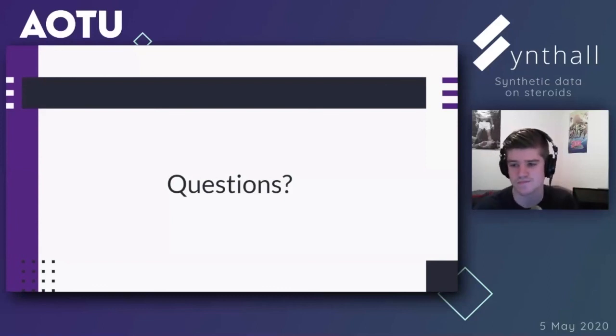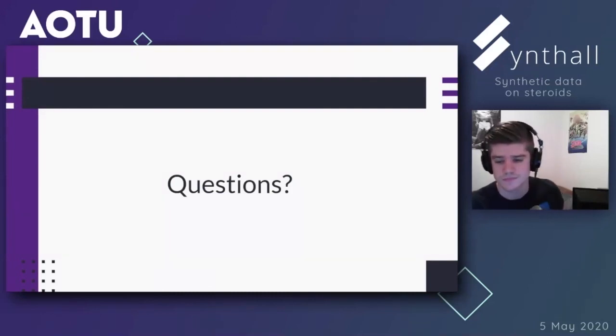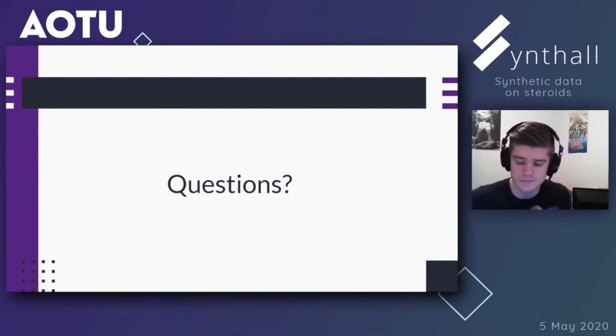Thank you very much for your presentation. I have a question. Let's say we have some annotated images, and there are a couple of objects that we'd like to add. Can Synthall be used to add objects to an image? So let me see if I understand your question correctly. You have pictures that have already been taken and things that have been labeled in that image, and you want to use Synthall to add new information to that image.